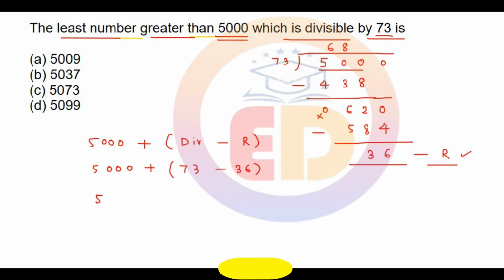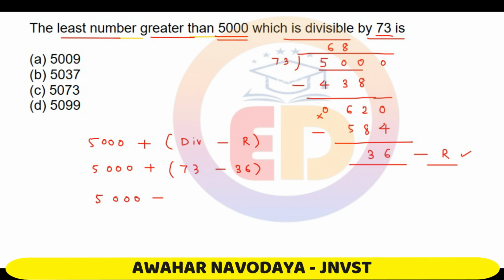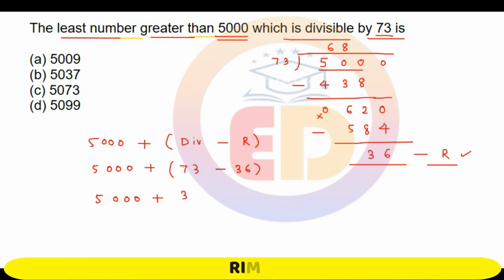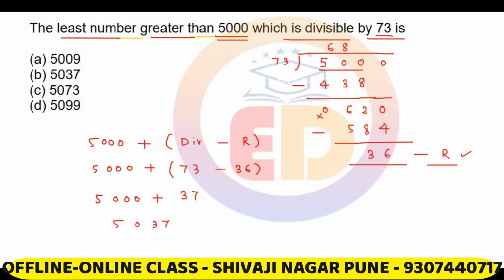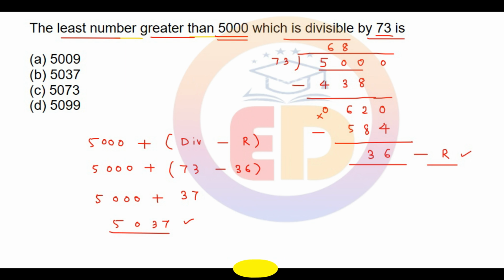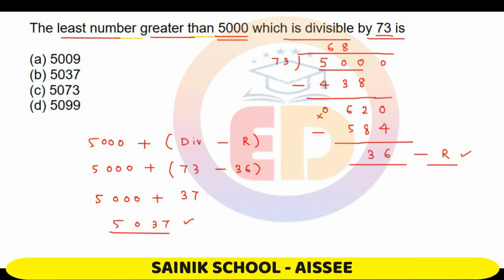On subtracting them, I will get 73 minus 36 is 37. Adding these two, 5037 is the smallest number after 5000 or greater than 5000, which is completely divisible by 73.